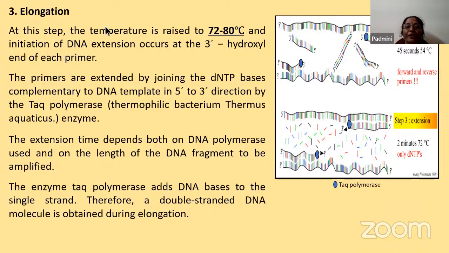And initiation of the DNA extension occurs at the 3' hydroxyl end of each primer. What it means over here? DNA extension, that is the addition of new nucleotide base pairs, occurs at the 3' hydroxyl end of each primer. So the primers are extended by joining the dNTP bases complementary to the DNA template in a 5' to 3' direction.